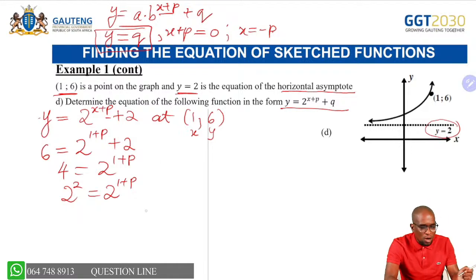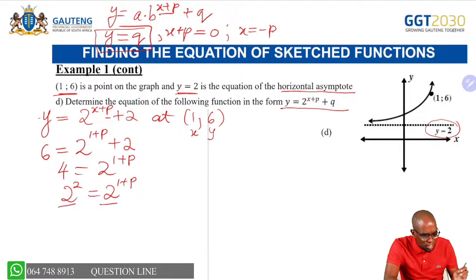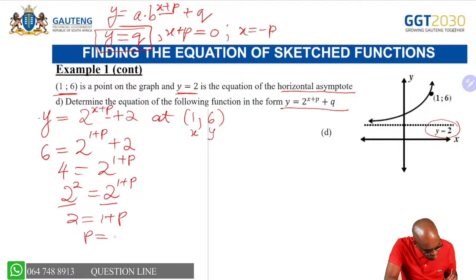So you see now, I am simply solving an exponential equation here. If the bases are the same, we equate the exponents. 2 = 1 + p, then p = 1. So it's very important that you understand your algebra. Please go back to your algebra and practice it thoroughly.